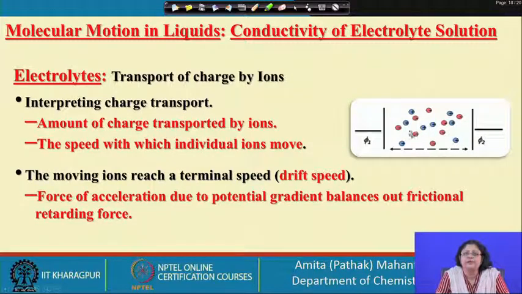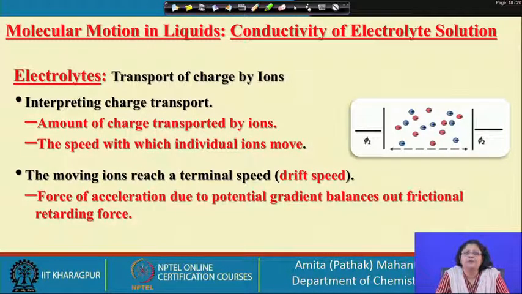So, you have a potential difference across the two electrodes, and the system is connected to a battery, so that you have the ions flowing and the circuit completed.